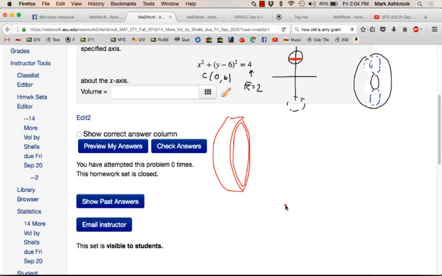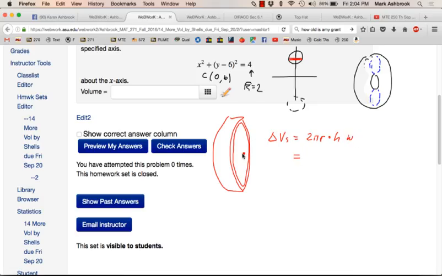Like that. So that's the shell we're going to get. This is what the circle is like up here, right? And that circle is going to go around this way. Okay, and so the volume of our shell is 2 pi r times height times thickness or width.